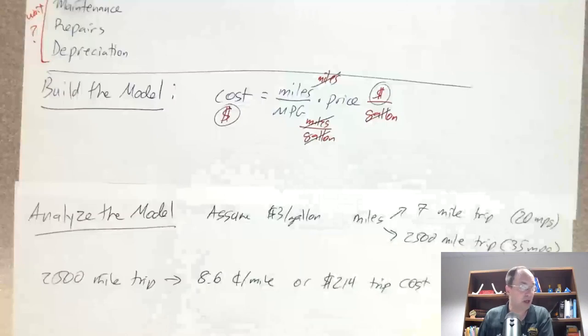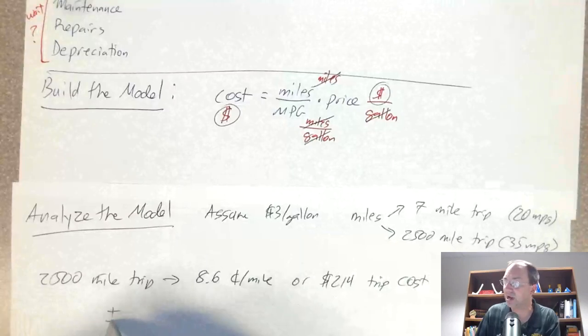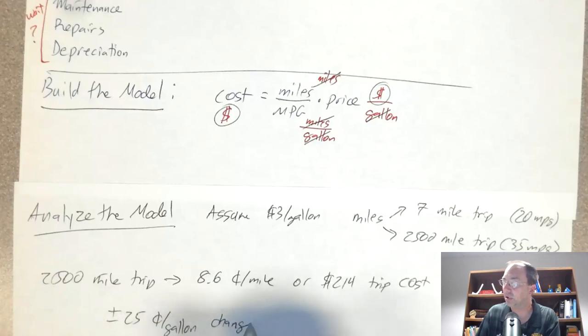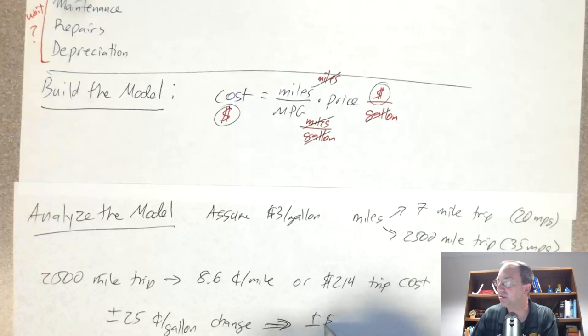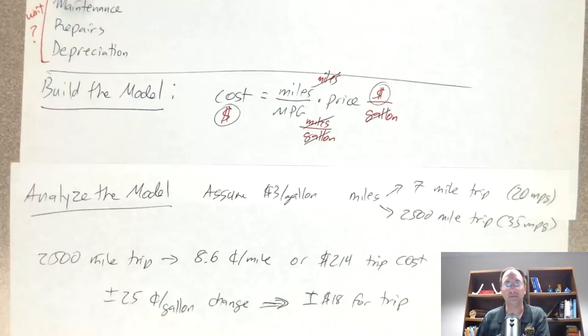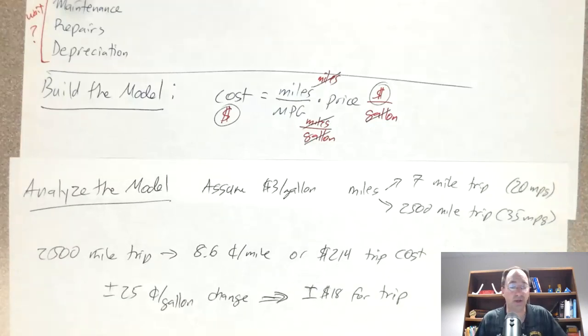Well, it turns out that if I had a plus or minus 25 cent per gallon change, that would translate to about a plus or minus $18 for the trip. So that's not a huge change.